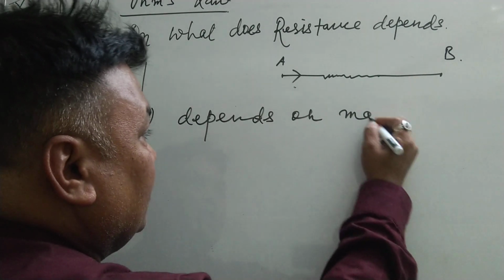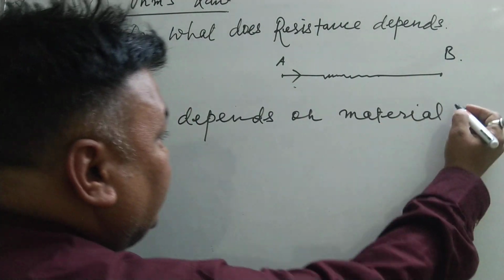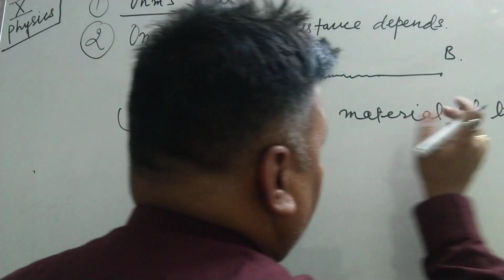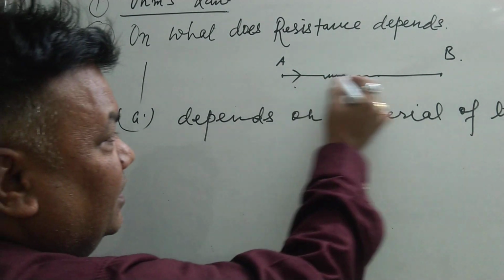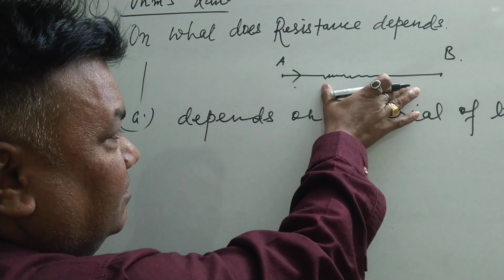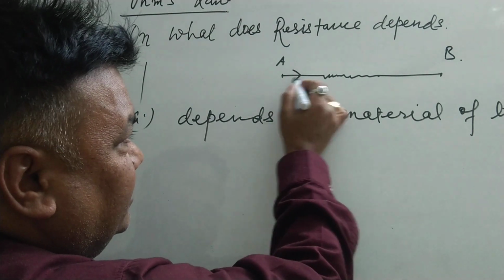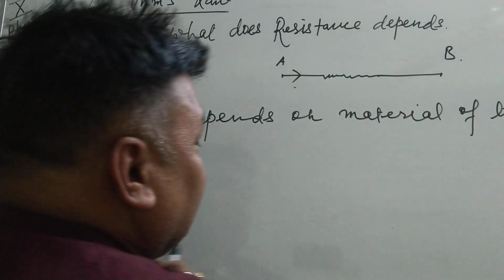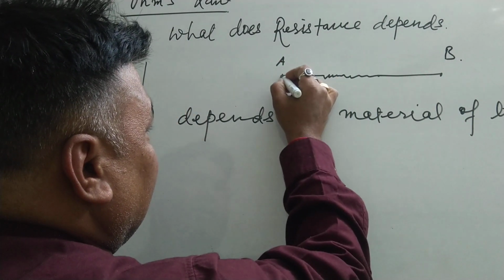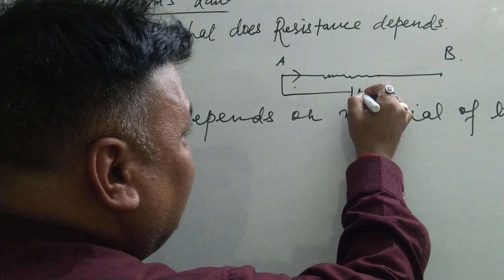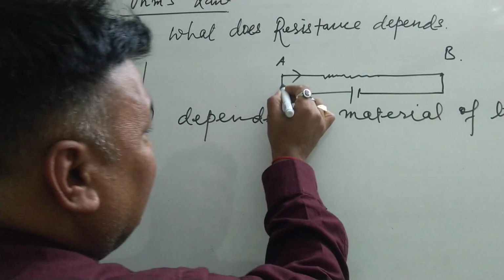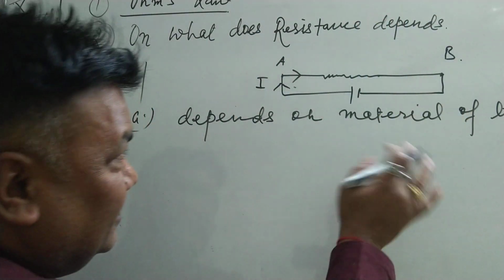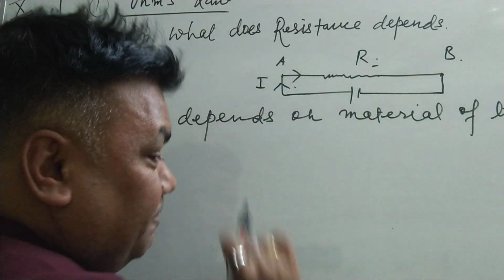Depends on the material of the wire. Here it is the resistance between these 2 points A and B. Suppose this is connected by a cell. Any current I is flowing through this, whatever be the resistance.